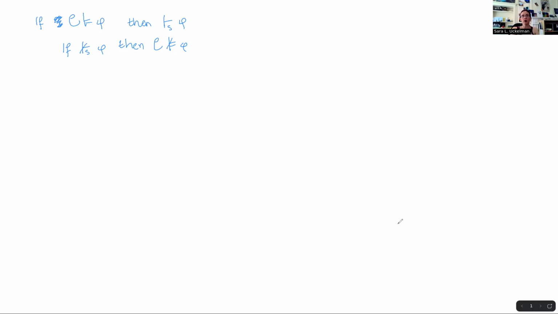This is where the canonical model comes in, because recall that in the canonical model for a system S, every phi which is not a theorem of S is falsified in at least one world. Could be more than one, doesn't really matter.